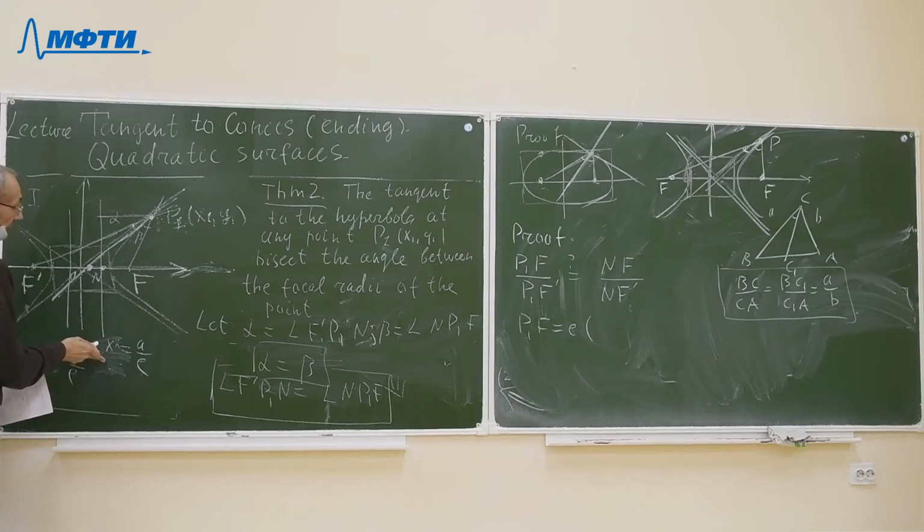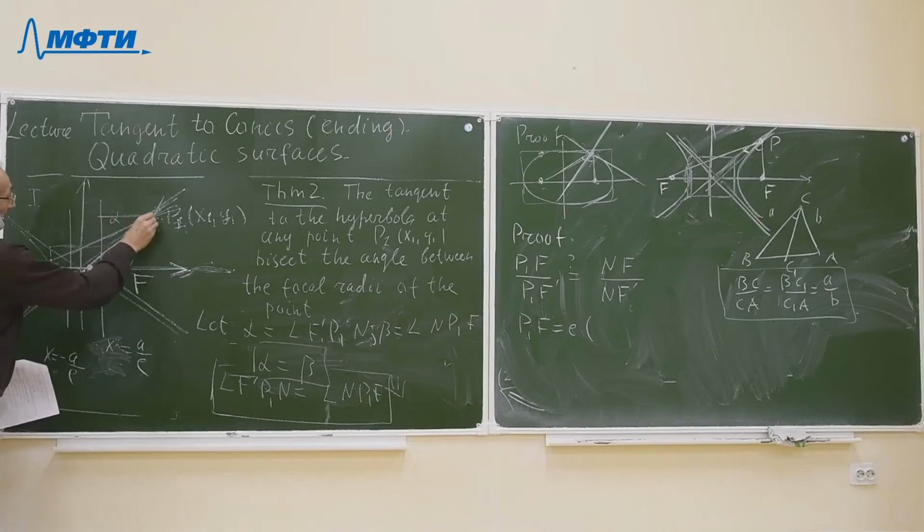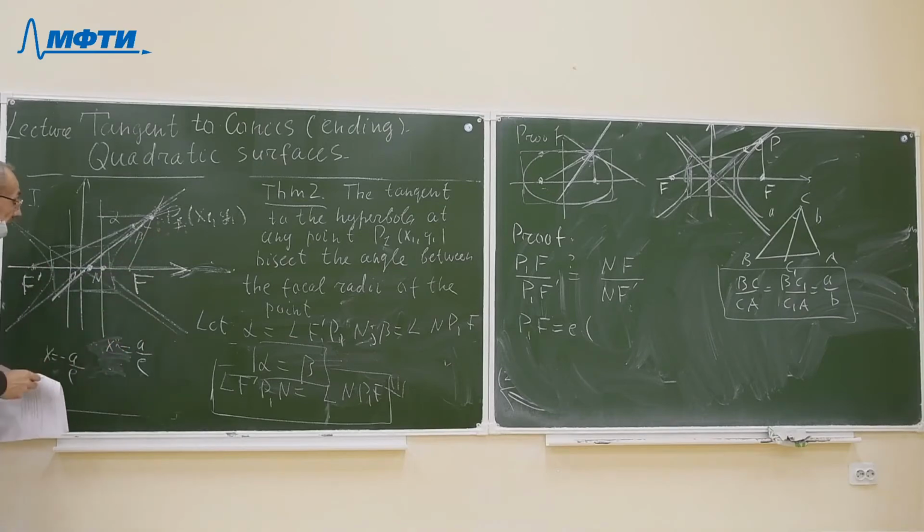The points of the directrix satisfy the equation x is equal to a divided by e, where e is the eccentricity. The point P1 has coordinates x1, y1.